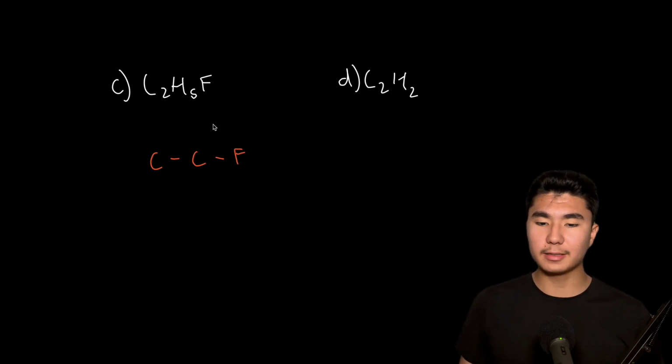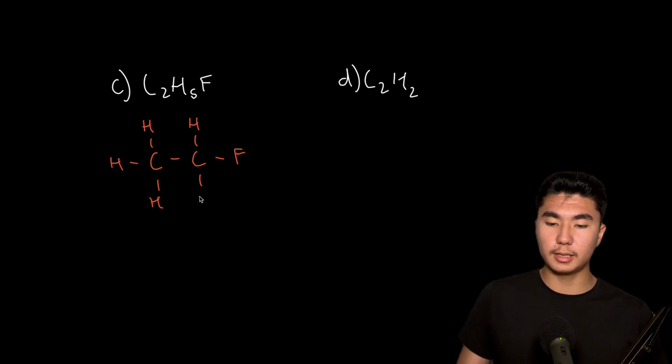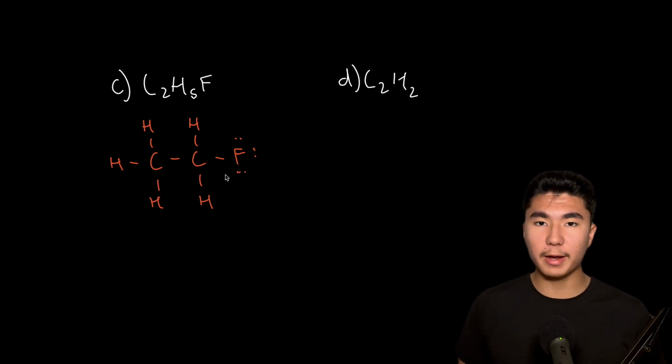And I already wrote the lines, so you could just do that. And this would be hydrogen, hydrogen, hydrogen, hydrogen, hydrogen. So we have 5 hydrogens, 2 carbons, and all we have to do is fill in what are called lone pairs, those electrons, and that is our Lewis structure for C2H5F.